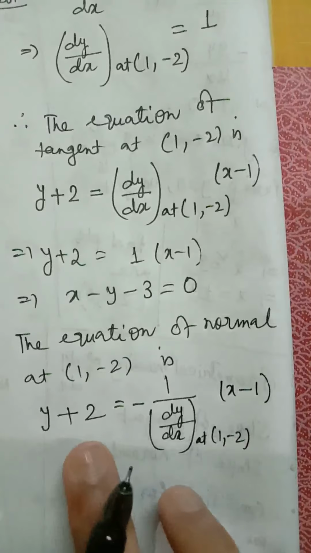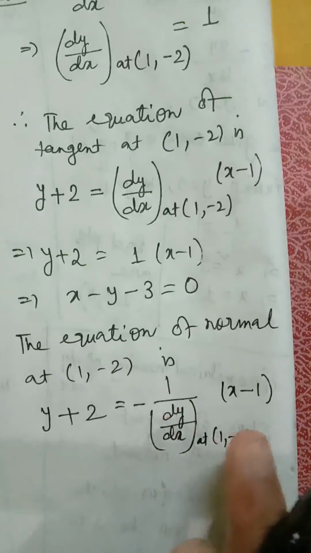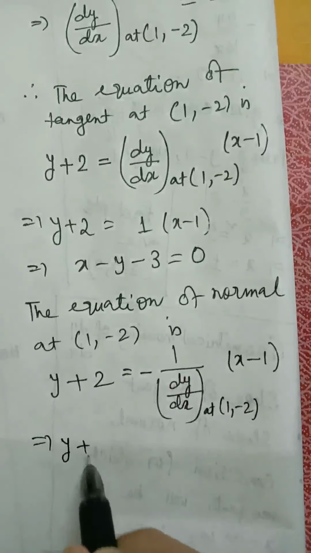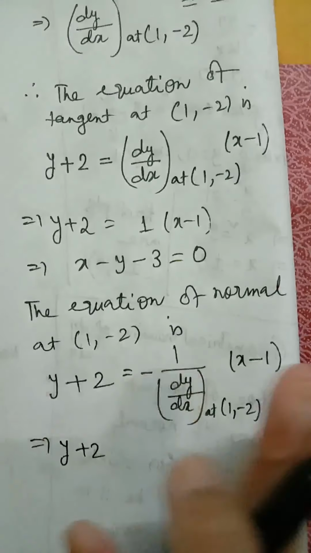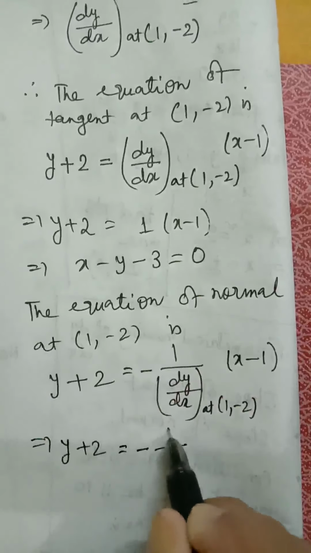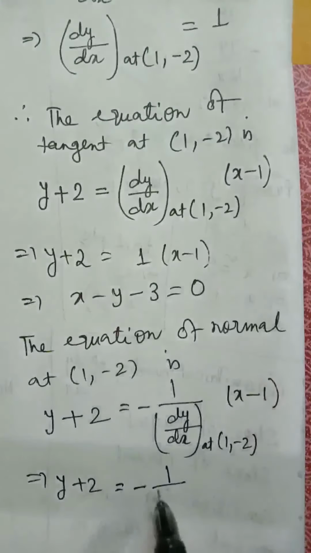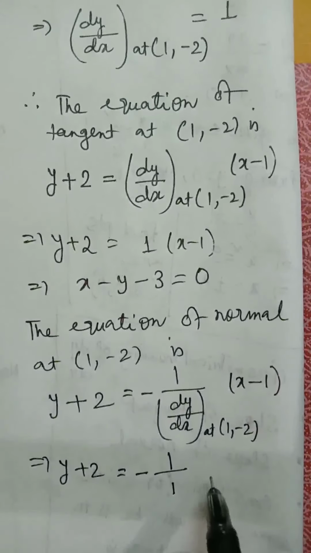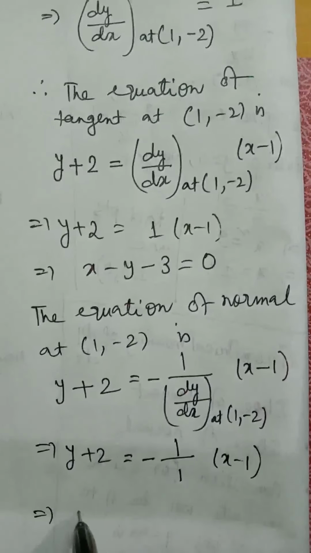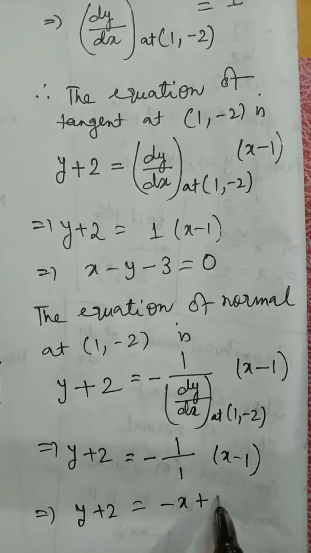This is the equation of normal: y minus y1 equal to minus 1 by dy by dx into x minus x1. This is actually the use of the one point formula, but we have written this as a formula. So equal to minus 1 by dy by dx, value of dy by dx is 1, into x minus 1. So if we multiply, we will get y plus 2 equal to minus x plus 1.